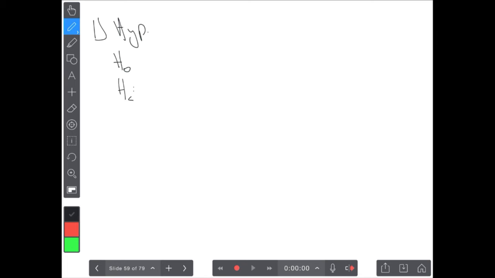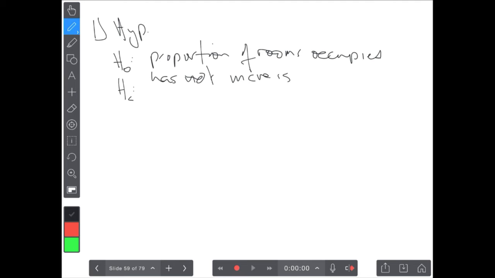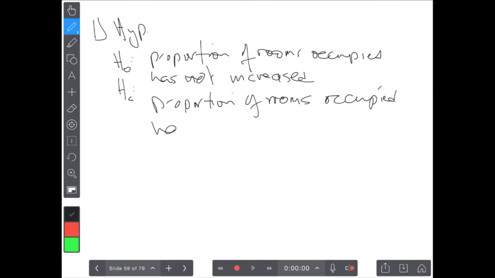Since I would like to show that the proportion of rooms occupied has increased, then my null hypothesis would be exactly opposite to that, which would be the proportion of rooms occupied has not increased, versus the proportion of rooms occupied has increased.